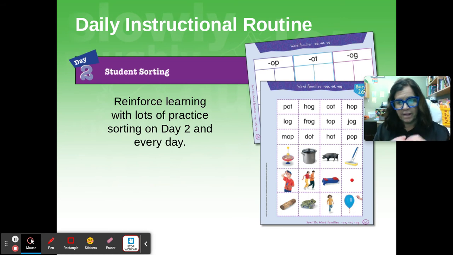But the other reason that I think a written sort is important to do first is because it lessens the work that you have to do, because you will be working with other groups, and I'm going to tell you about that in a second. If the kids do a written sort for their first sort, you can check their written sort. You can check to see, do they have this? This is what they wrote down. Do they understand this sort this week?